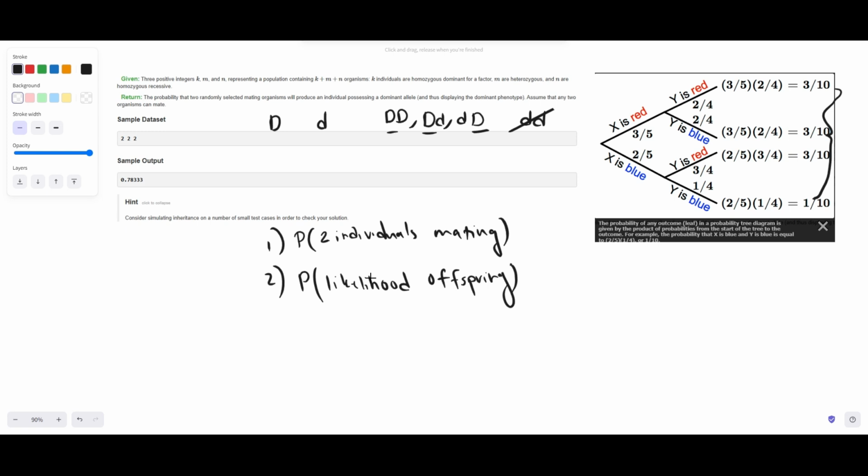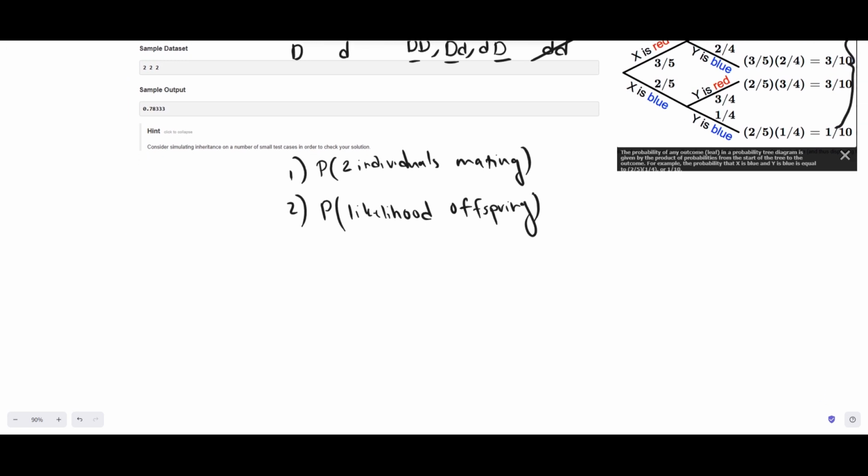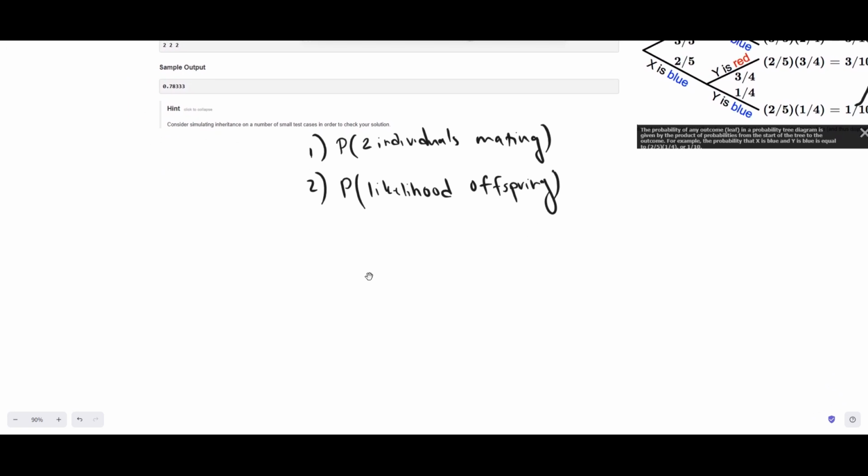Then we can move down further and explore this particular case, knowing what we know now. We could take this example, 2, k, m, n. Let k represent homozygous dominant.